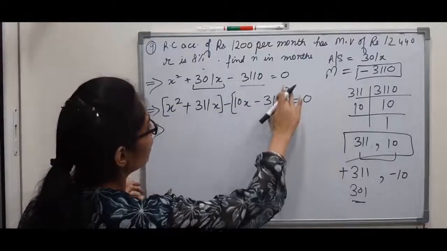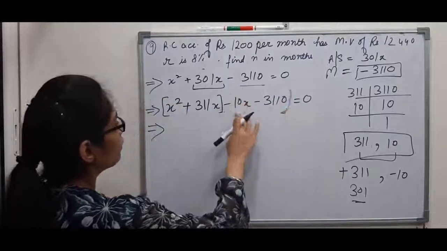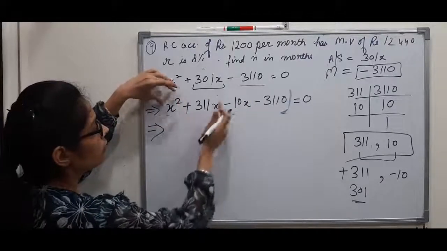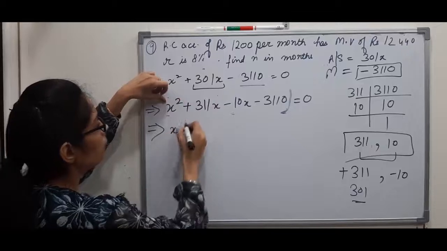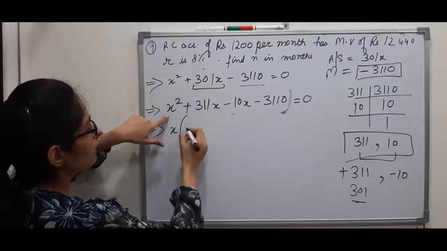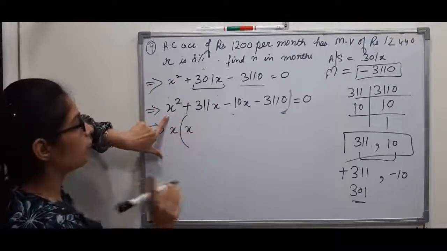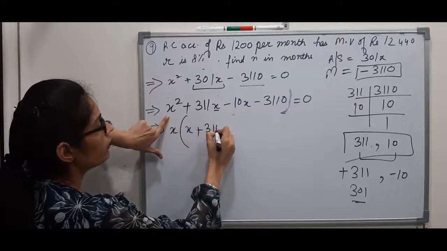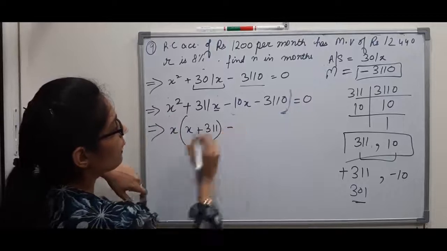These I have made, and now I can take the common factor. From these two, I can see x is the common factor. I have taken x out. Inside, for the first term I am left with x, plus here I have taken x outside, so I am left with 311. Here minus I have written.